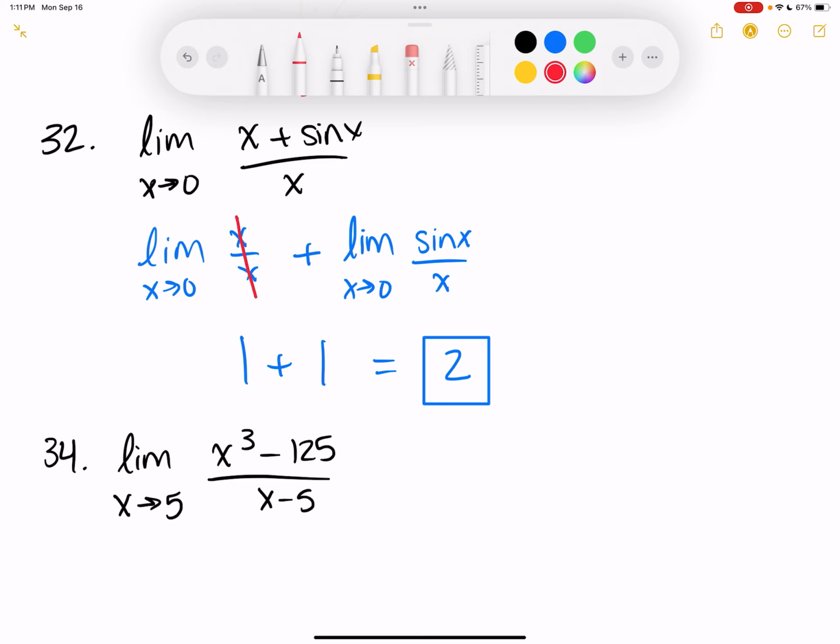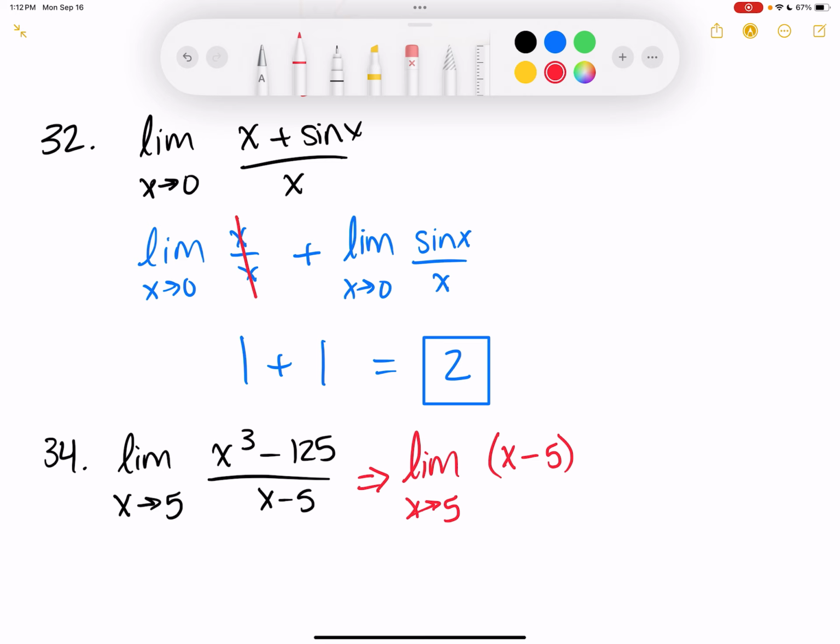Same, same, opposite, always positive. All that was coming to me was the SOAP thing. Observation: the limit as x approaches 5, on top x minus 5, same sign.